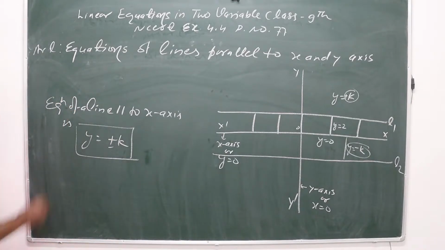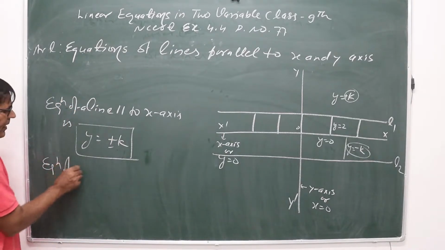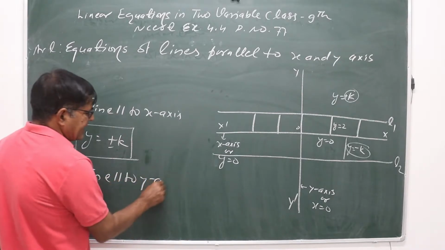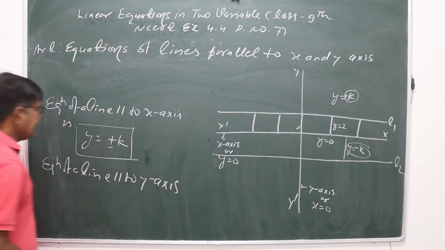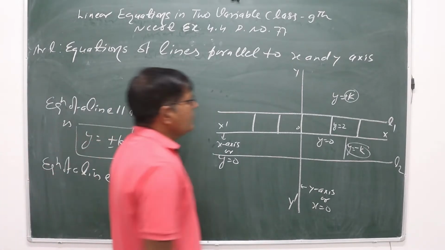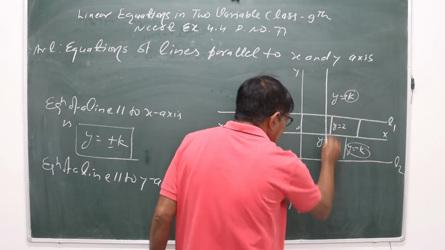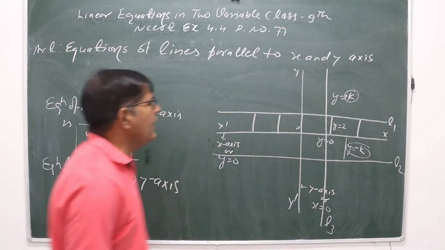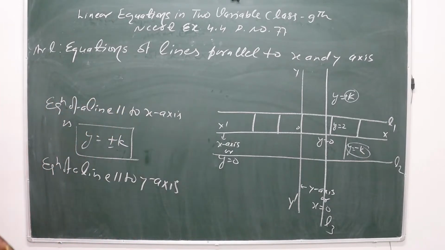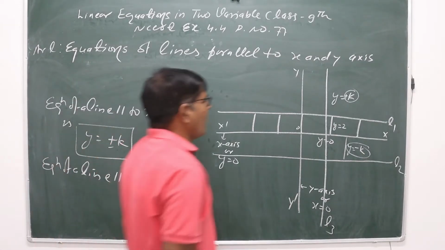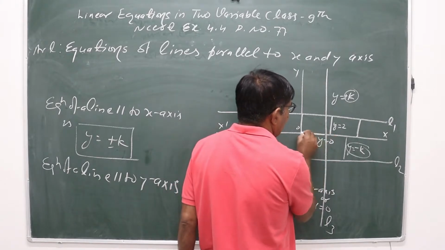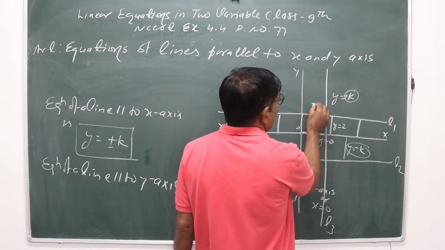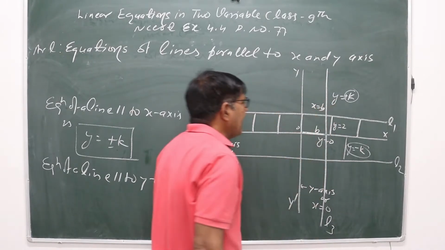Now second case, what is the equation of a line parallel to the y-axis? Let us suppose there is a line L3 parallel to the y-axis, and its distance from the origin, that is the distance on the x-axis, is b, then its equation will be x equals b.